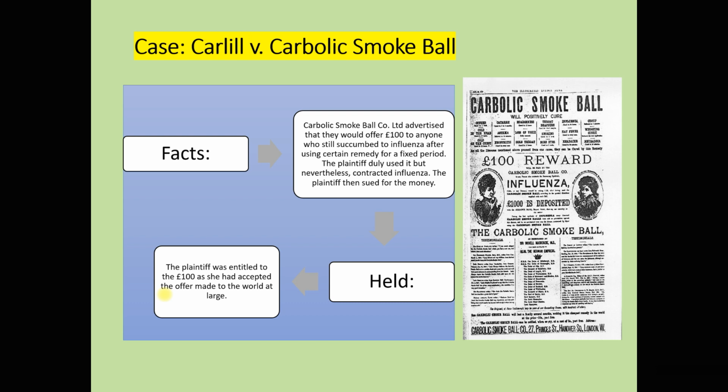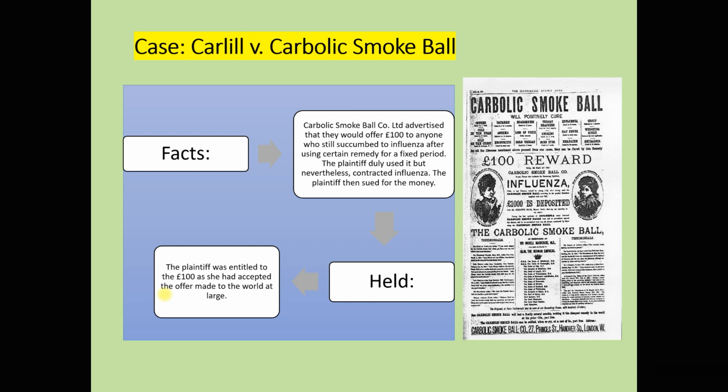So the plaintiff used it, but nevertheless contracted influenza. So the plaintiff in this case sued the defendant, the company, for the money promised. The court held that the plaintiff was entitled to the reward as he had accepted the offer made to the world at large.